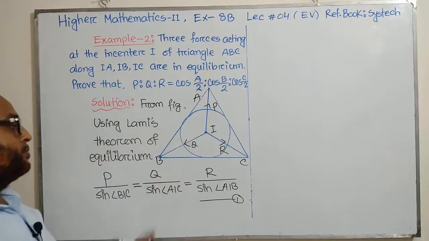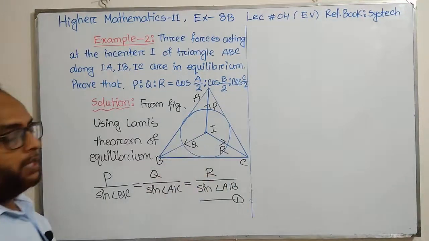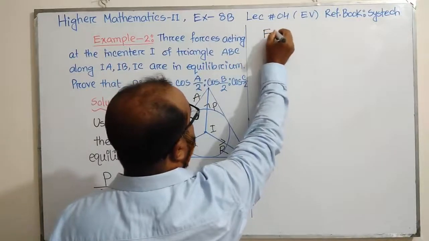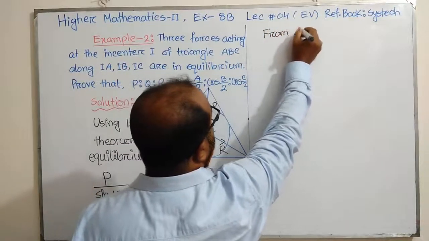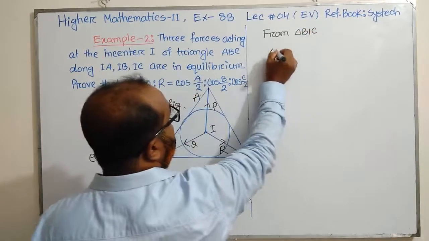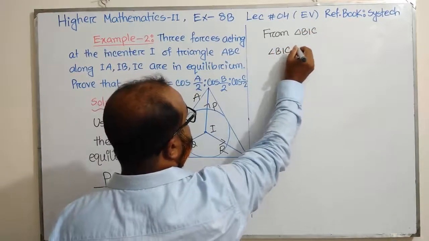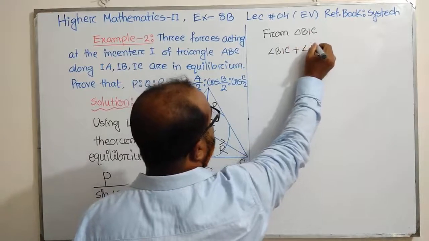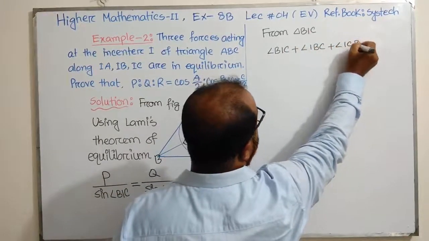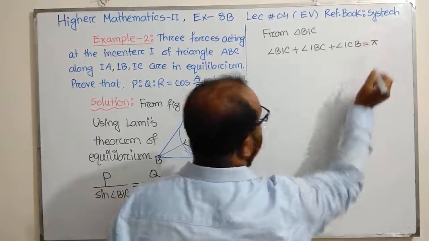Now from triangle BIC we can write angle BIC plus angle IBC plus angle ICB equals pi.